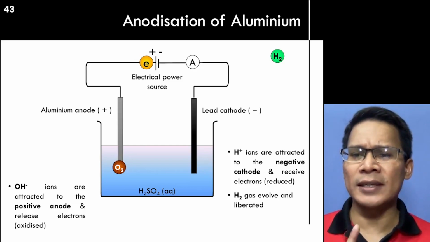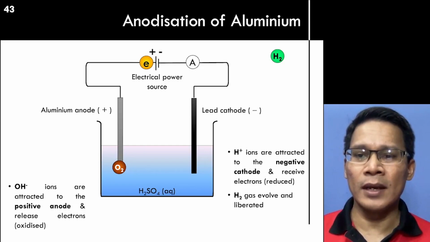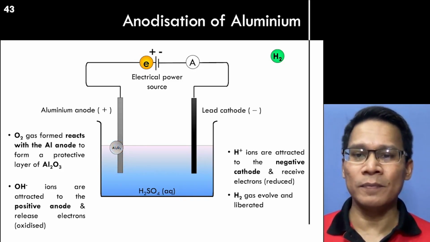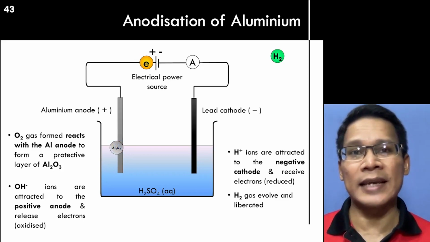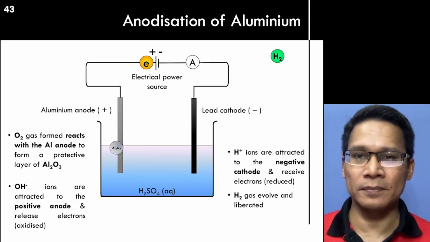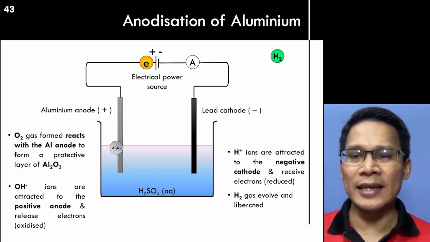Normally, the oxygen gas formed will simply diffuse to the atmosphere. However, since aluminium is a reactive metal, it will react with the oxygen gas produced to form aluminium oxide. This tough aluminium oxide deposit will form a thin layer around aluminium.